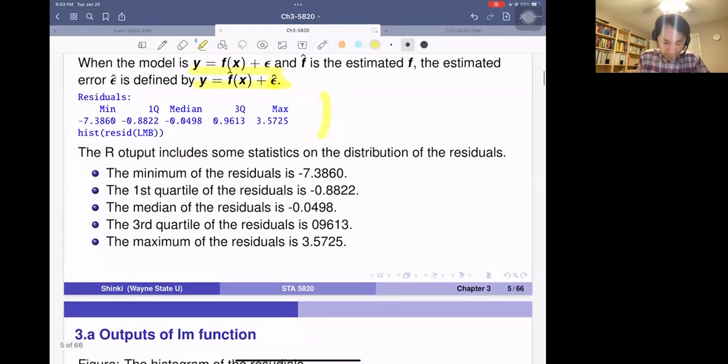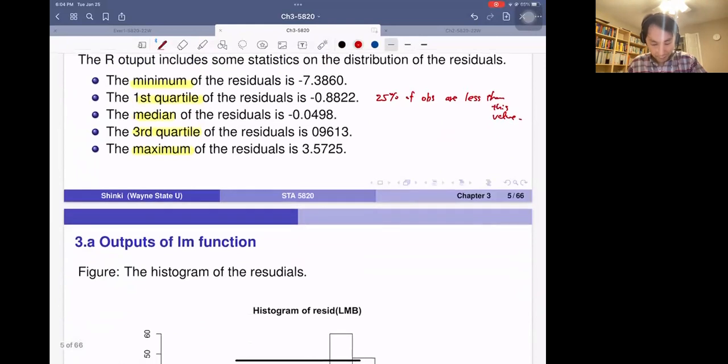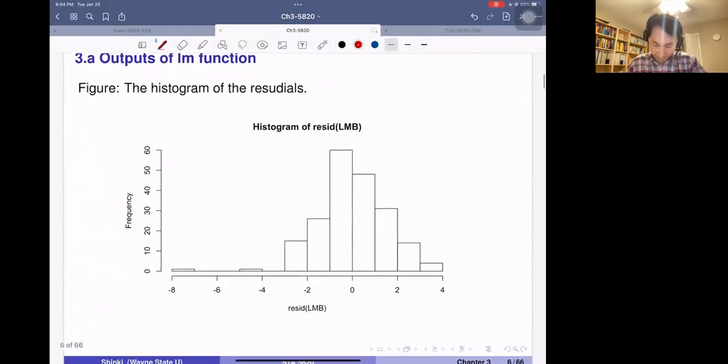These 5 numbers are the minimum, first quartile, median, third quartile, and maximum. The first quartile means 25% of observations are less than that. The third quartile is 75%, and the median, of course, 50%. And this is the histogram of residuals.